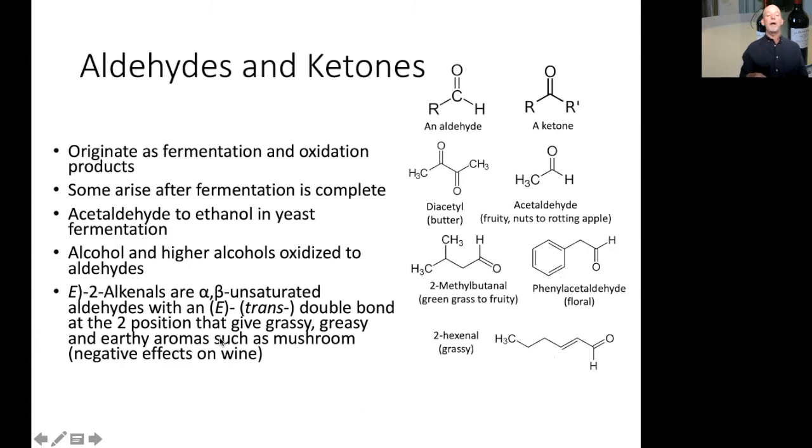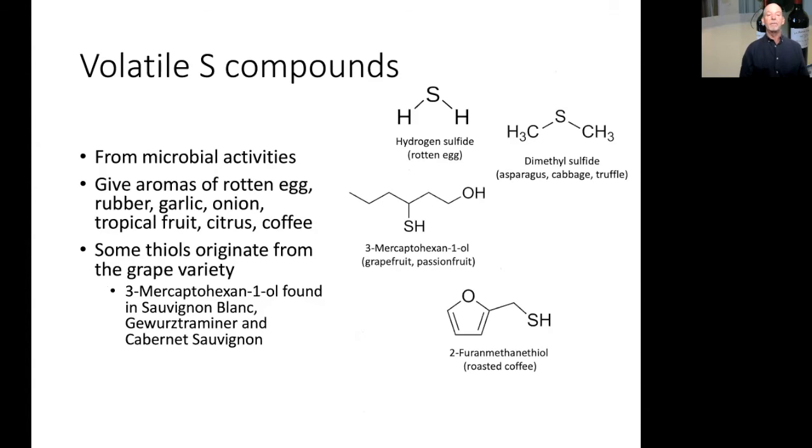So there are a variety of different compounds in wine. There are even volatile sulfur compounds. The most obvious one is hydrogen sulfide, which we associate with rotten eggs, but there are dimethyl sulfides, like what are found in asparagus or cabbage or even truffles.